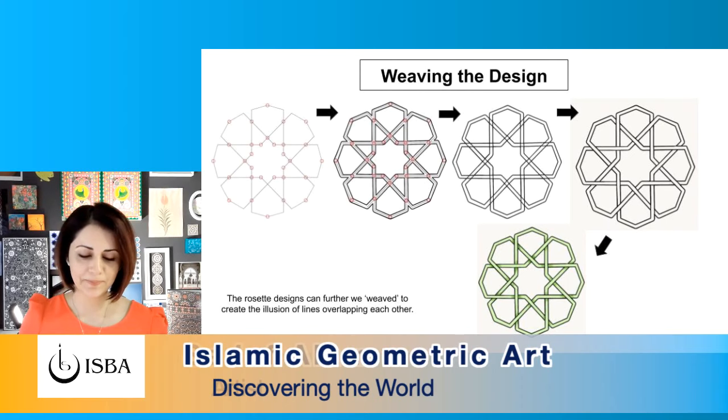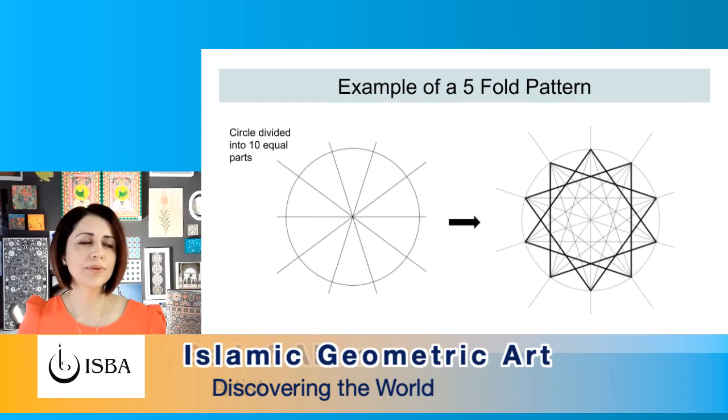Next slide, please. I'm going to just quickly show you an example of a 5-fold pattern. For this particular pattern, you start out with dividing the circle into 10 equal parts. And on the right side, again, after many, many steps, which have been skipped over for this episode, what you end up with is a 10-sided star.